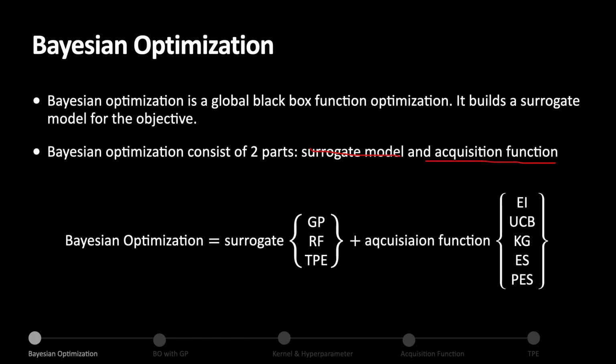The most commonly used surrogates for Bayesian optimization are Gaussian process, random forest, and tree-structured Parzen estimator (TPE). There are many different acquisition functions like expected improvement (EI), upper confidence bound (UCB), knowledge gradient (KG), entropy search (ES), and predictive entropy search (PES).